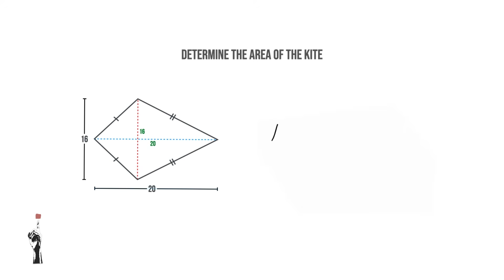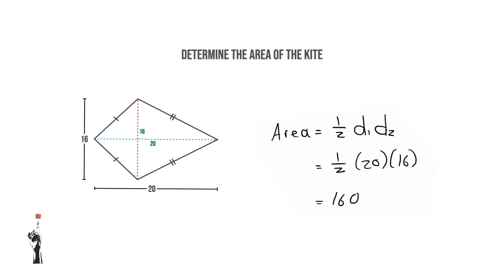So, the area of this kite is equal to a half times D1 times D2, which means it's a half times 20 times 16, which gives me an answer of 160 square units.